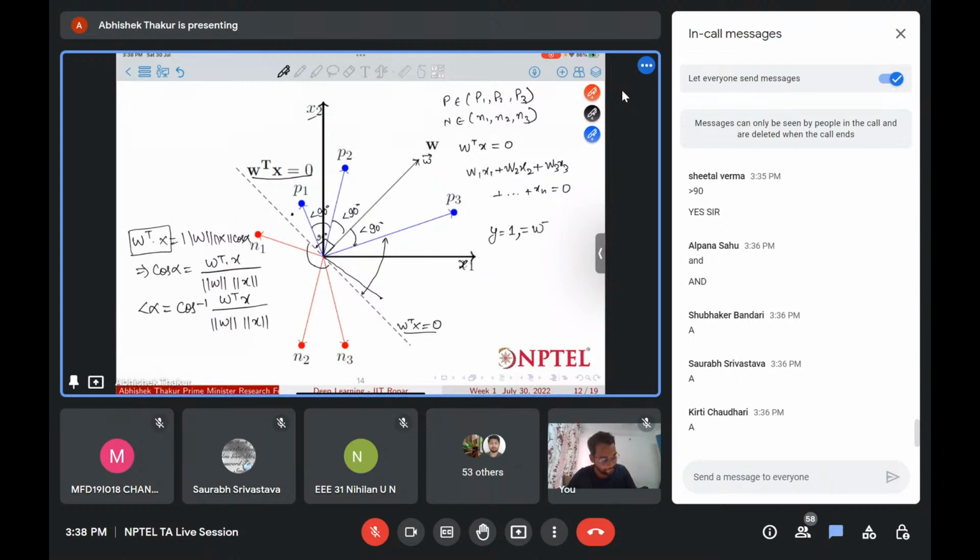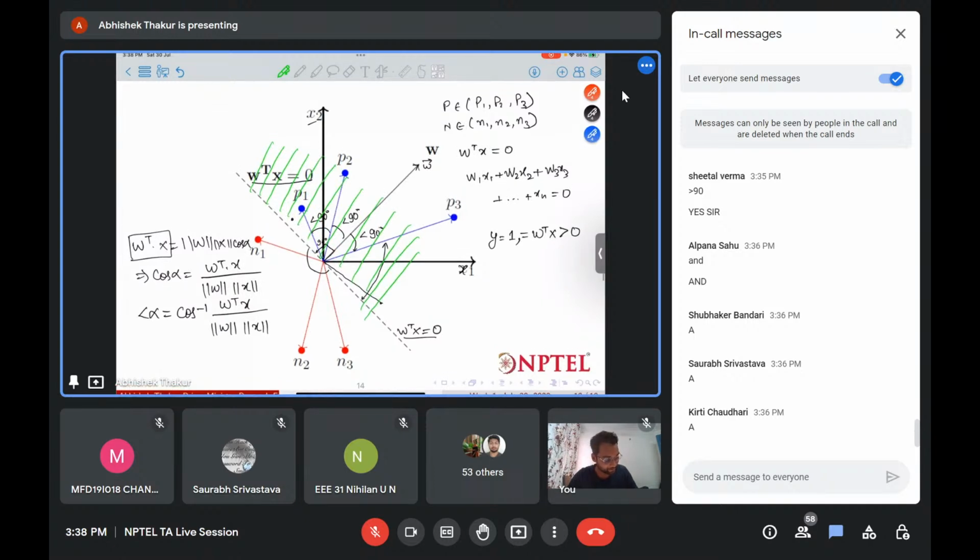So whatever point lies in this region has W^T X greater than 0. This is the green shaded region. And y is equal to 0 when W^T X is less than 0. Here you can give the equality sign.